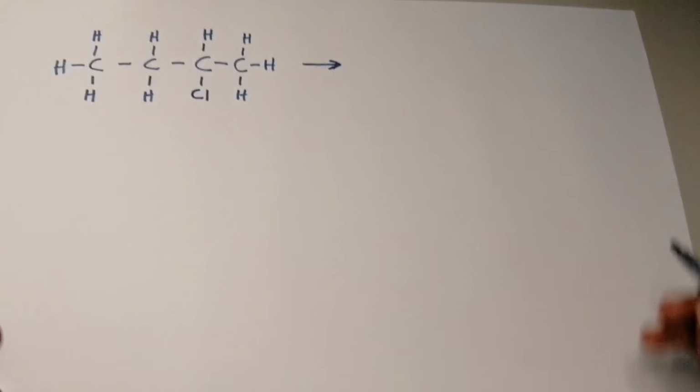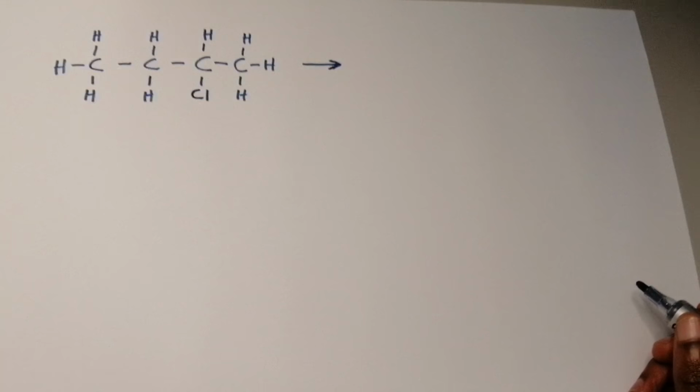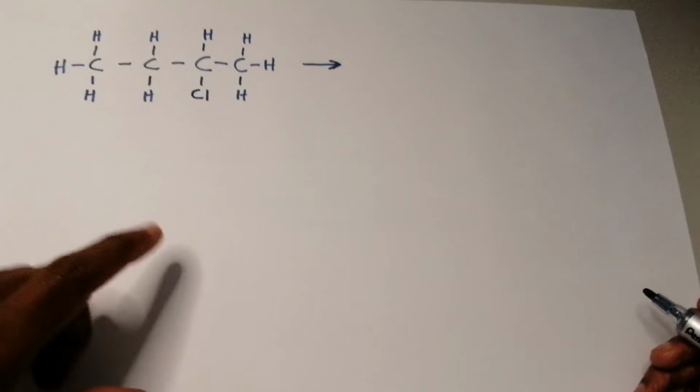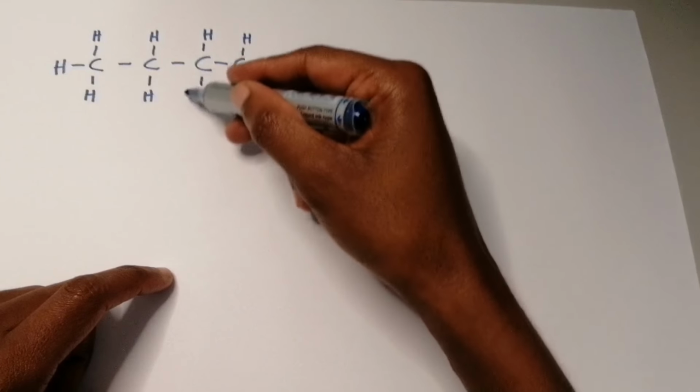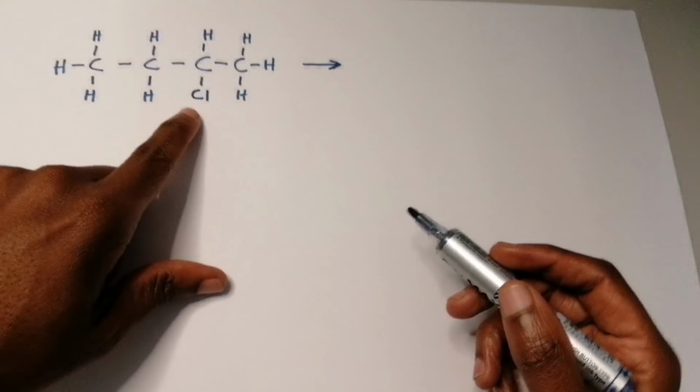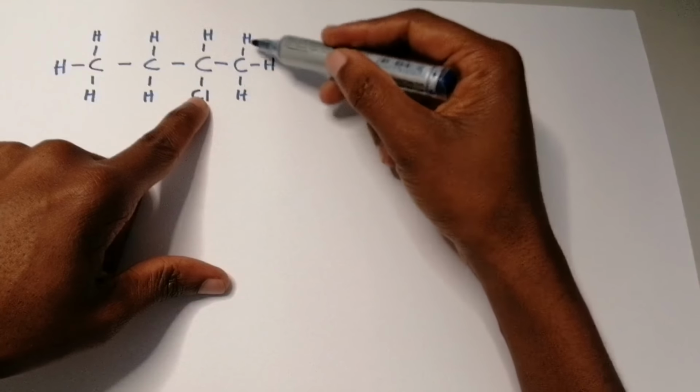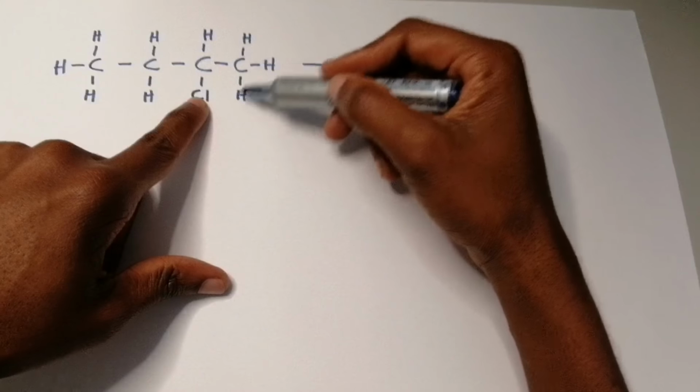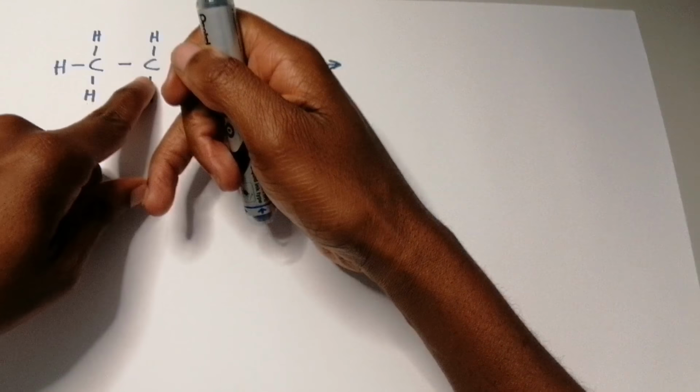Zaitsev's rule simply says, in an elimination reaction, the major product will take hydrogen from the carbon that has a lesser number of hydrogens. So if I look at this, I know definitely this chlorine is going to go away. Let's check how many hydrogens this carbon has. It has 3. How many hydrogens does this one have?